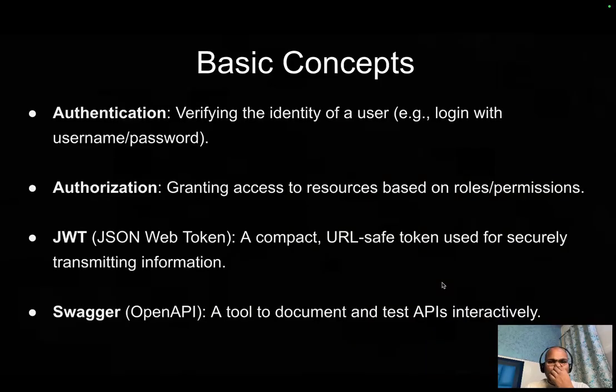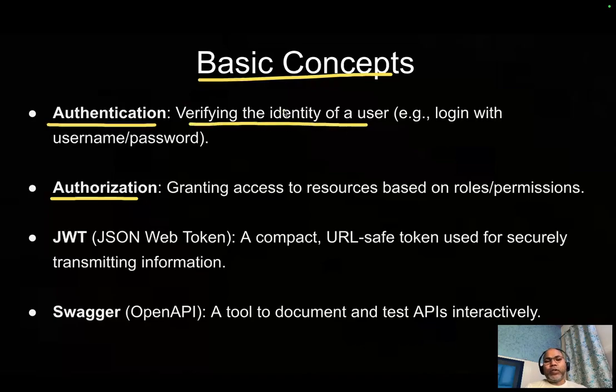So let's understand the basics of API security. As I said, there are two basic words: authentication and authorization. This is the first primitive: verifying the identity of a user. Let's say you build a system or an application.